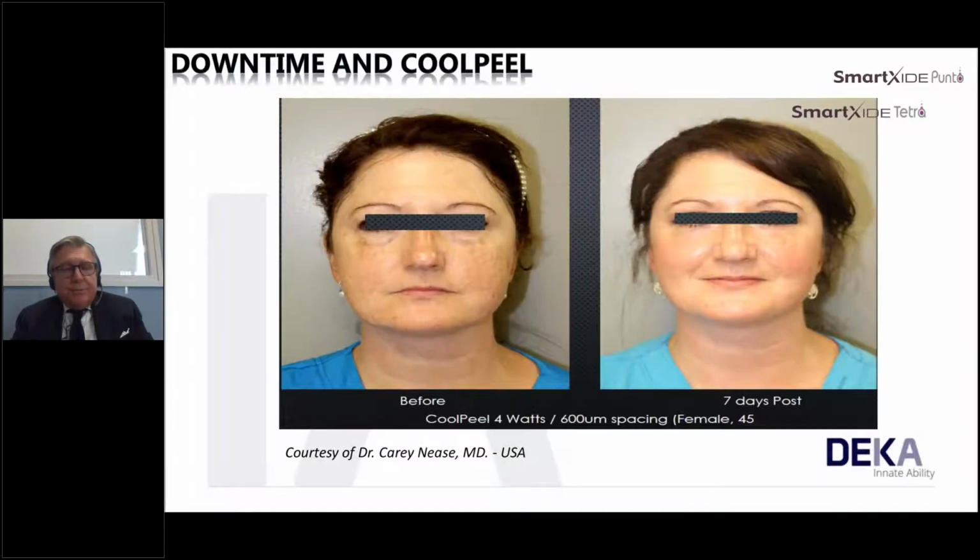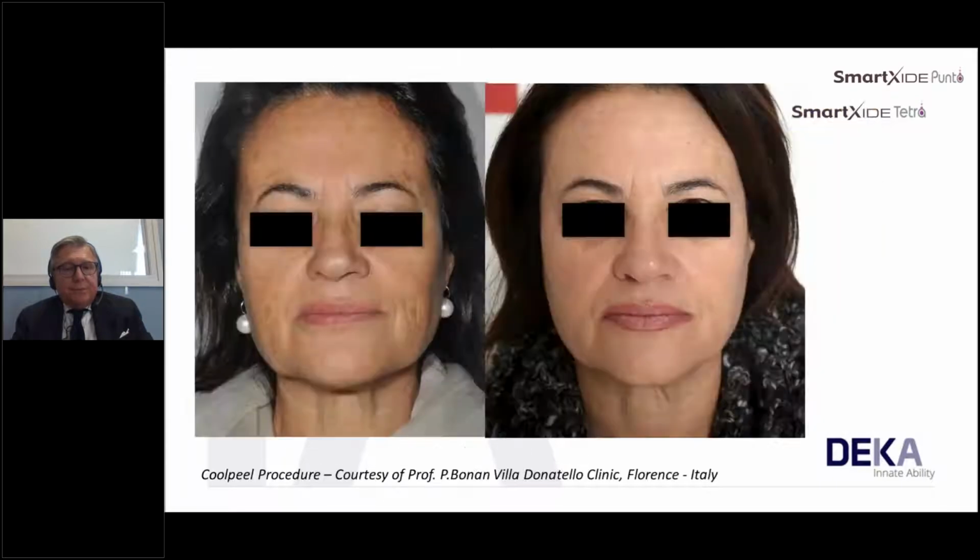What is interesting is that before the treatment, this is our patient, it's not dramatic, but there is definitely some damaged skin, where we have some dyschromia here, some vertical lines, some crepey skin, hyperpigmentations, and some laxity.